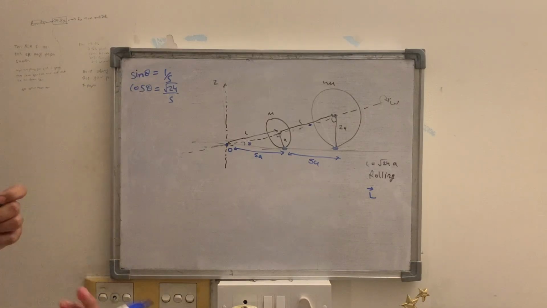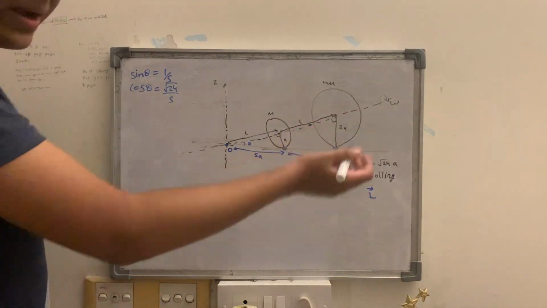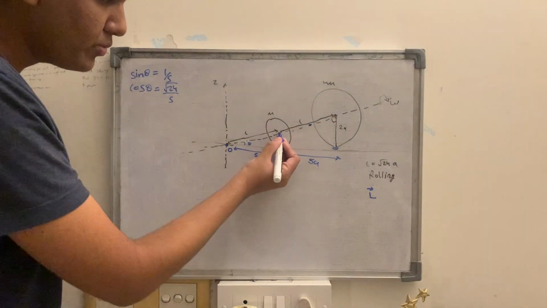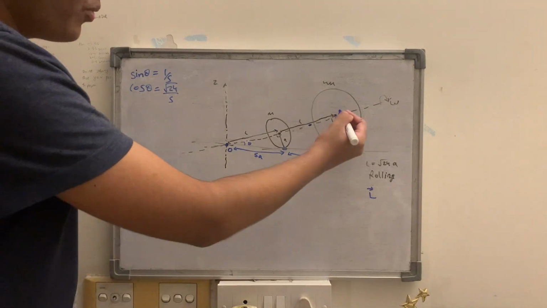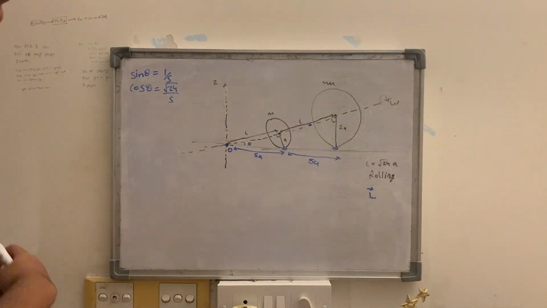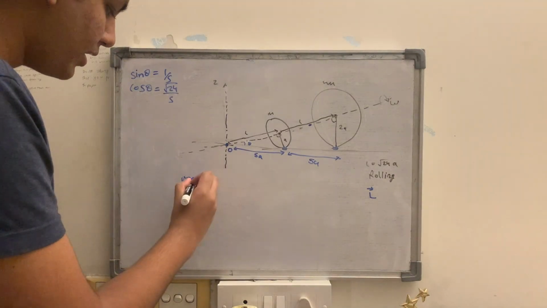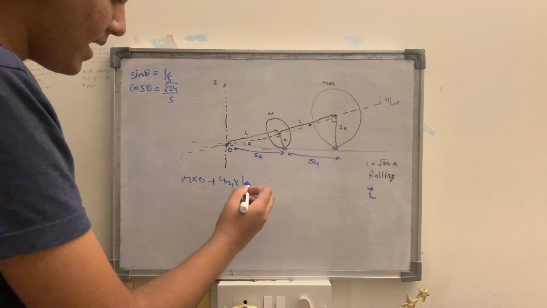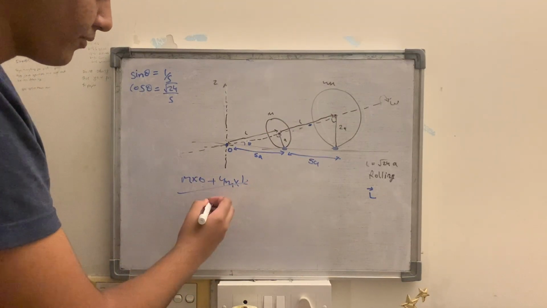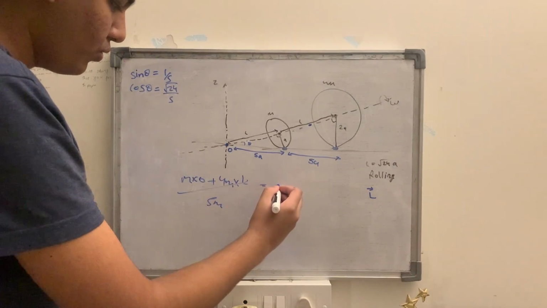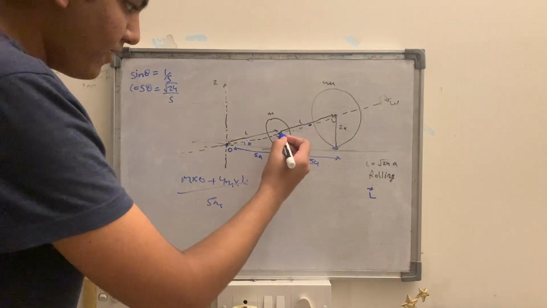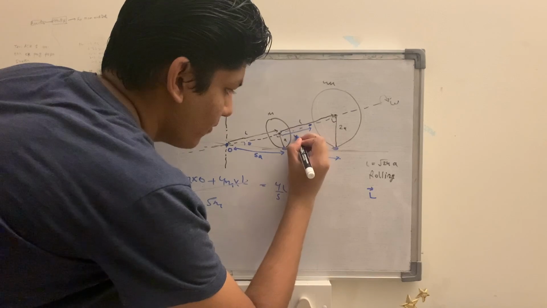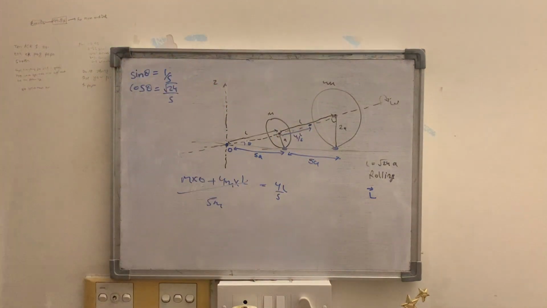Now let's find the center of mass. We'll use it later also. Let's say this is point 0, and this is point L. So the center of mass will be m into 0 plus 4m into L, upon 5m, which equals 4 by 5 L. So at 4 by 5 L away, the center of mass will be located.